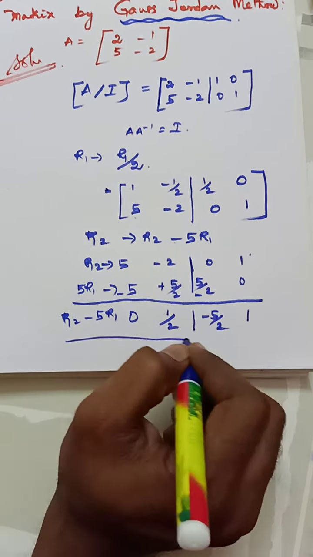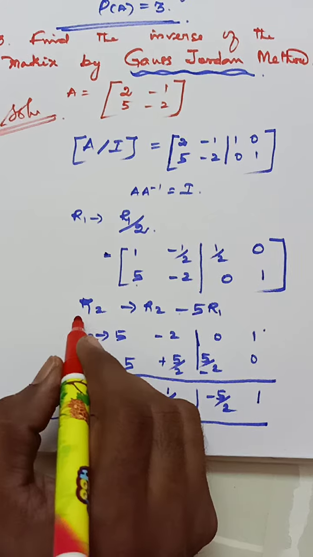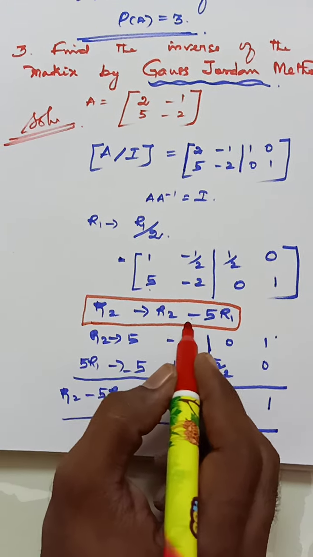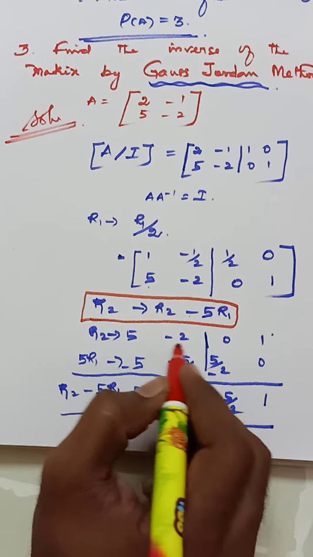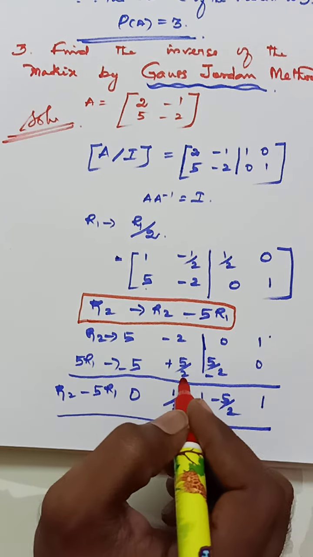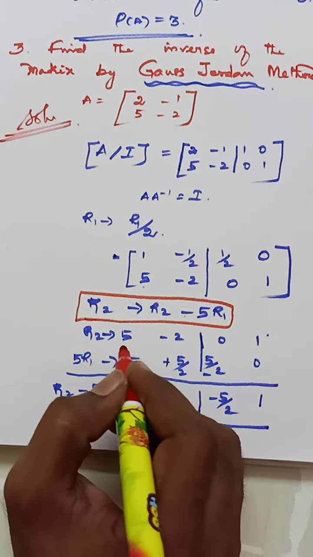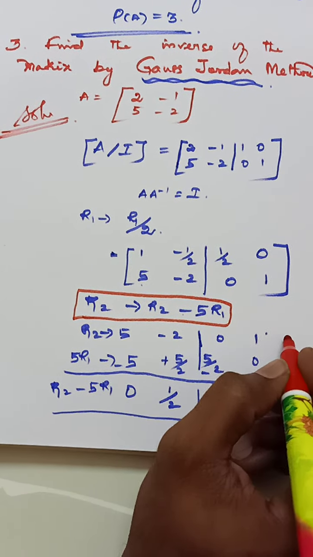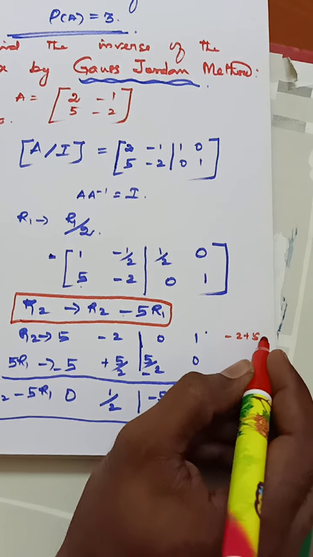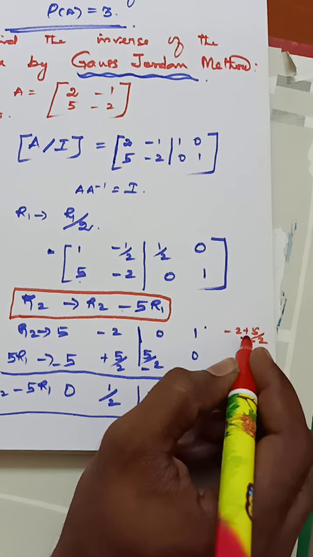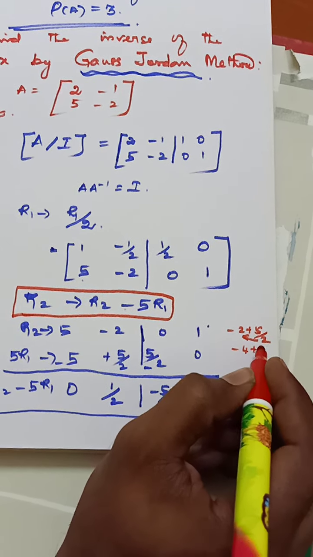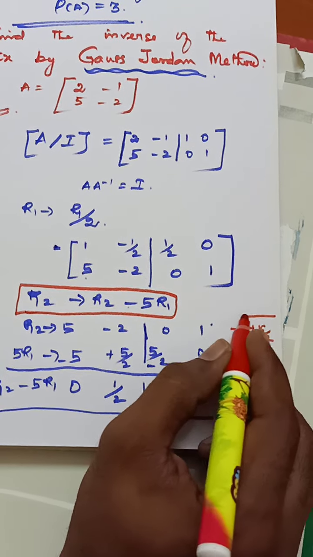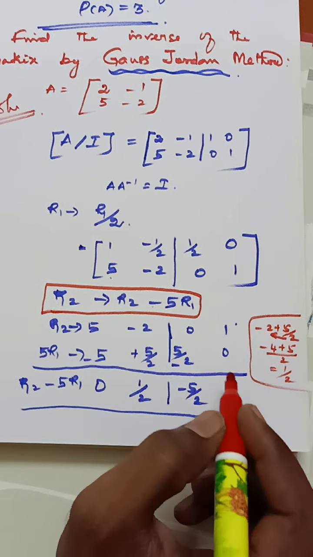So it is clear. Okay, so your R2 tends to R2 minus 5R1. R2 value, 5 times R1 value, subtraction 5 minus 5, 0, minus 2 plus 5 by 2, it becomes minus 4 plus 5 by 2, that is 1 by 2. Okay, like that.